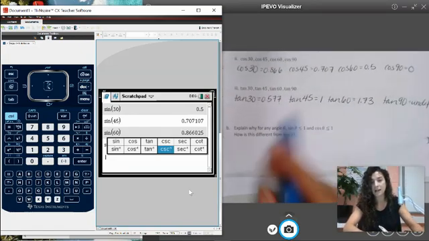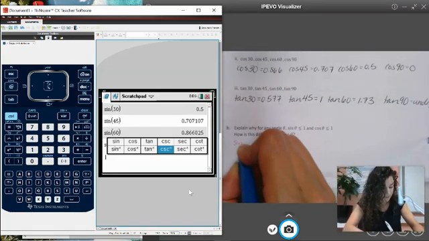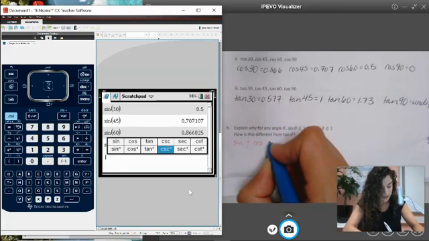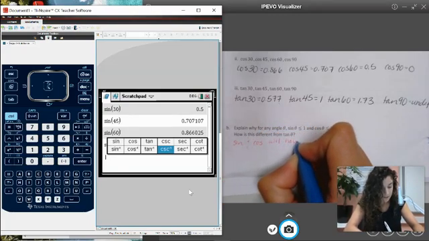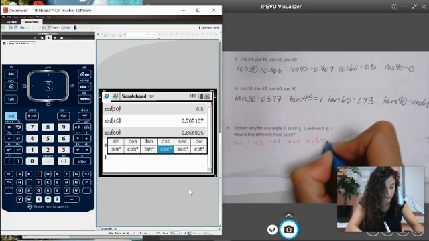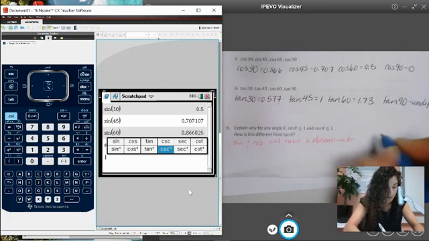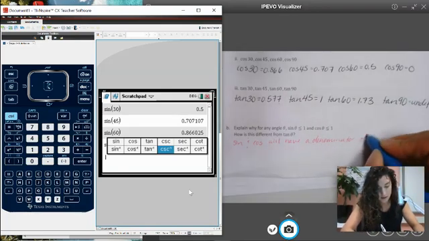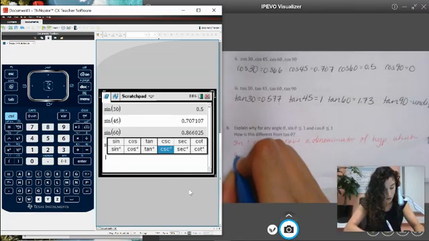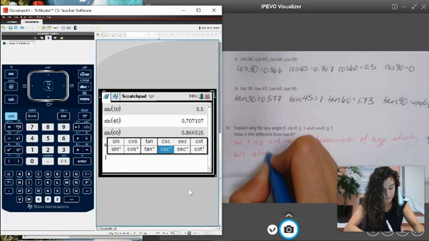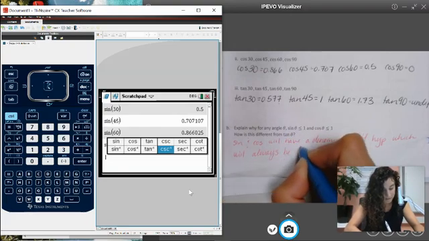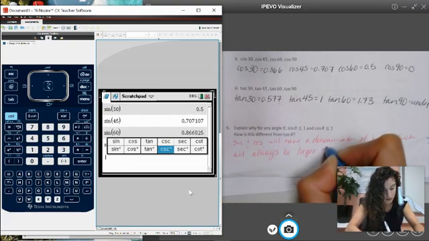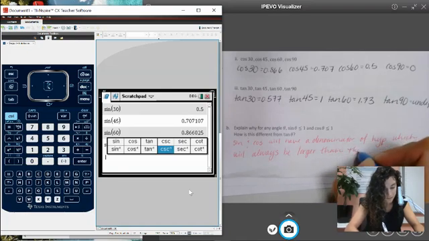So you can say something along the lines of: sine and cosine will have a denominator of hypotenuse, which will always be larger than the numerator.